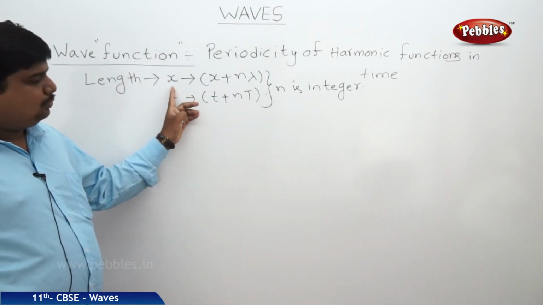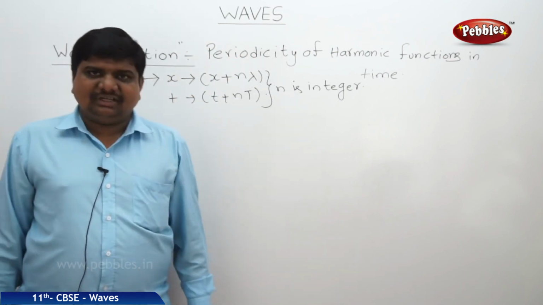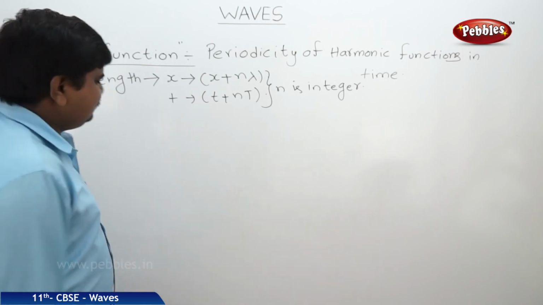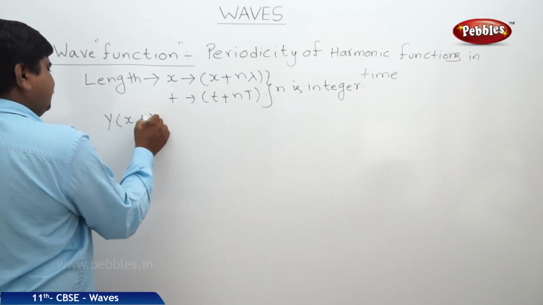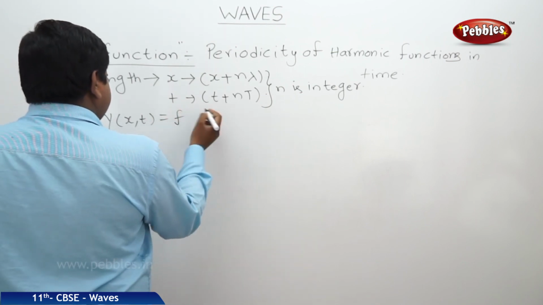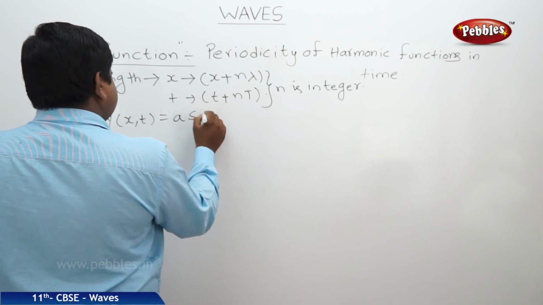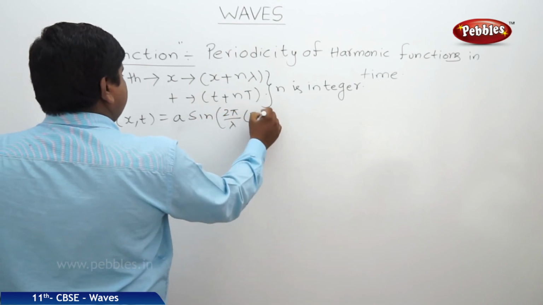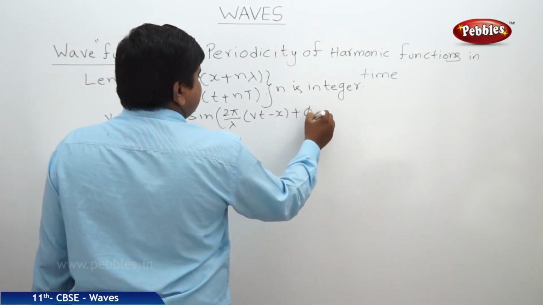We have already proven that the position coordinate is periodic in the harmonic function. Now we will see whether the corresponding time is periodic or not. So the general expression is y(x,t) equal to A sin 2 pi by lambda into (vt minus x) plus phi naught.